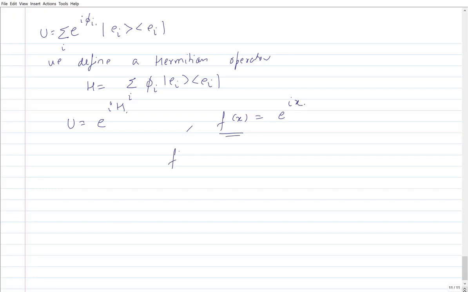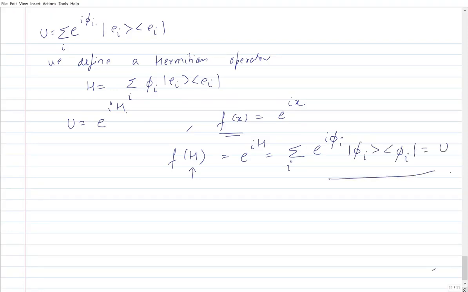Applying this function on the Hermitian operator H, I get e to the power of iota H, I recover U.